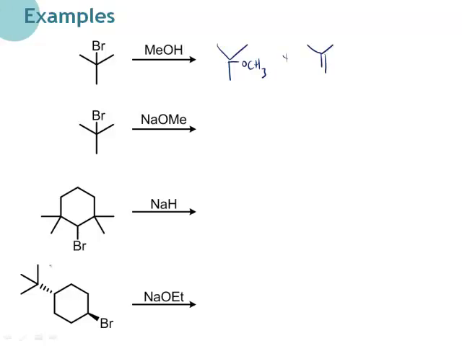In this next example, we have the same tertiary alkyl halide, but we have sodium methoxide, which can be considered both a strong base and a strong nucleophile. But we know that tertiary structures are very, very slow reacting to nucleophiles. You're not going to get an SN2 process with this thing. So what's probably going to happen is you're going to get an E2 reaction occurring.